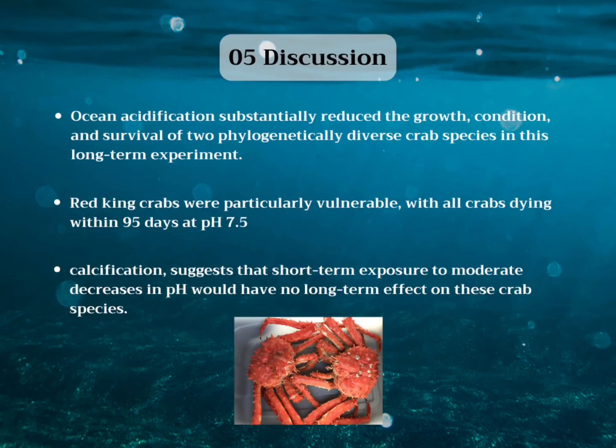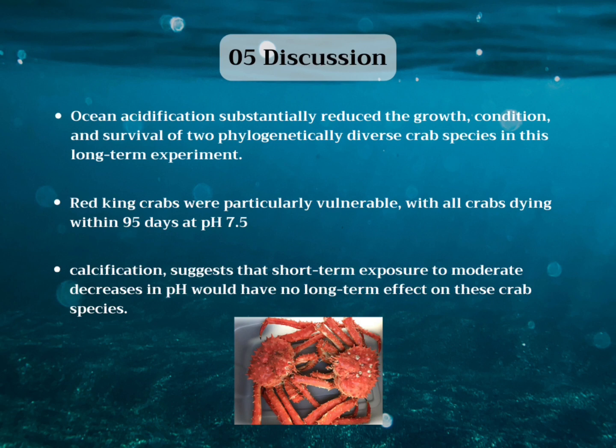Section 5. Discussion. Ocean acidification substantially reduced the growth, condition, and survival of two phylogenetically diverse crab species in this long-term experiment. Red king crabs were particularly vulnerable, with all crabs dying within 95 days at pH 7.5.